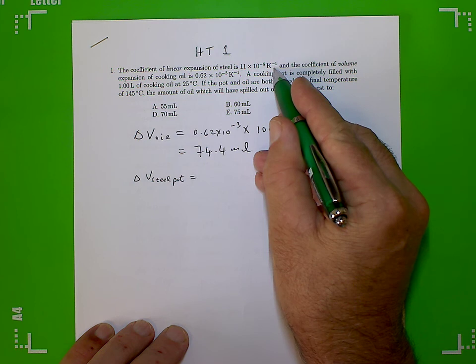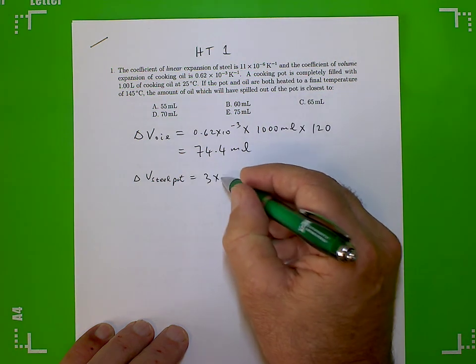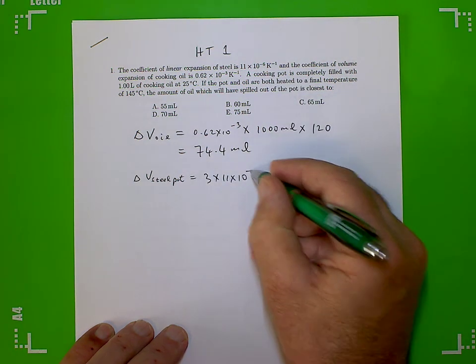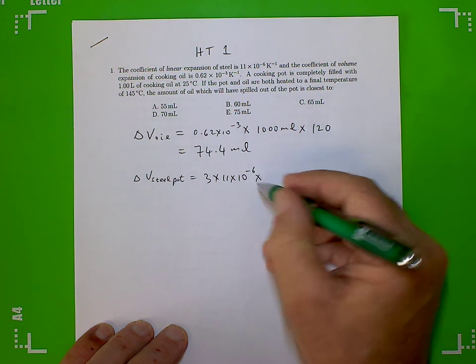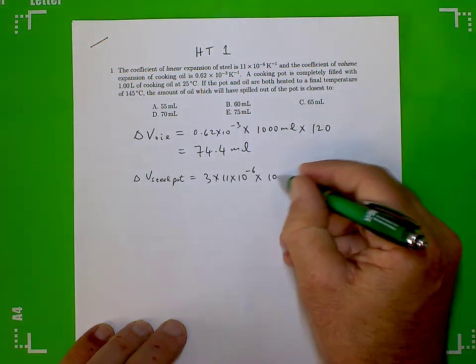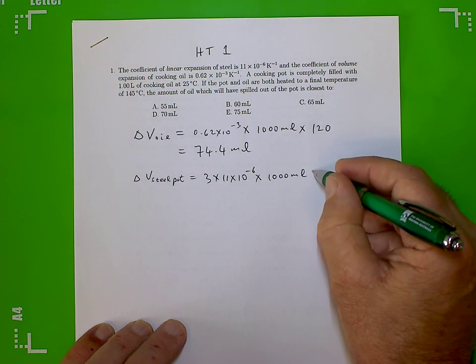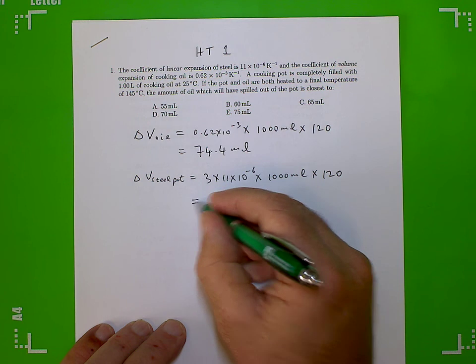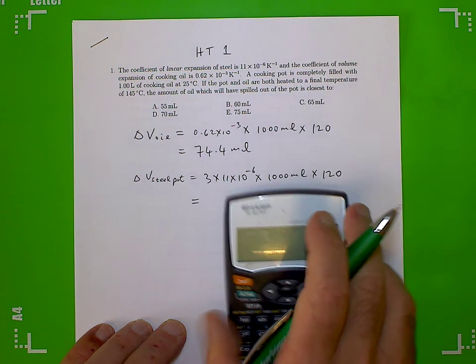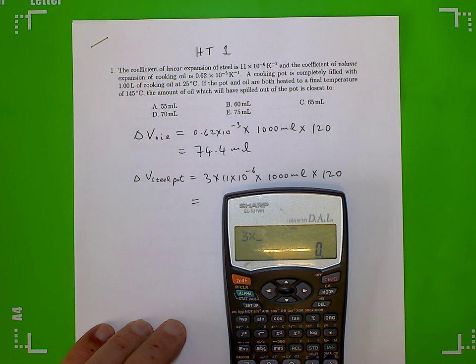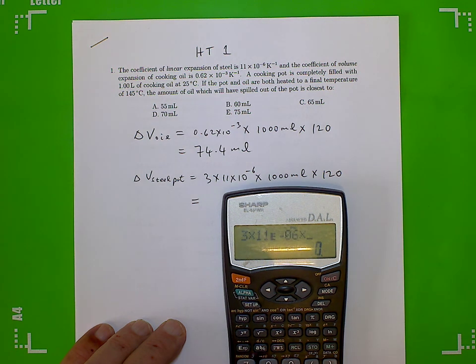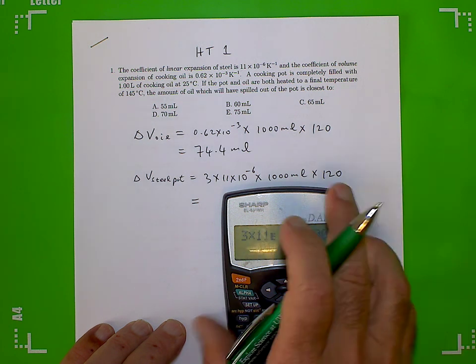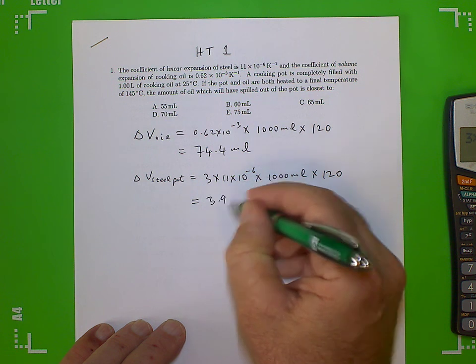Well, again, it's equal to the volume coefficient of steel. Now they've given the linear, so we have to write 3 times 11 times 10 to the minus 6 times the initial volume, which we know is exactly 1000 mils, times the temperature difference, which is 120. This equals 3.96 mils.